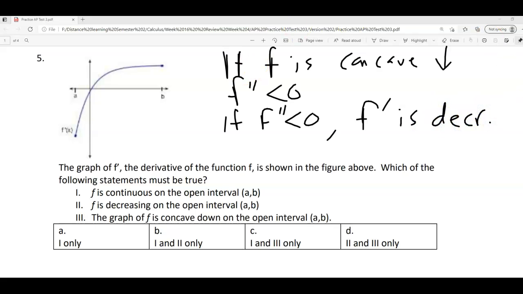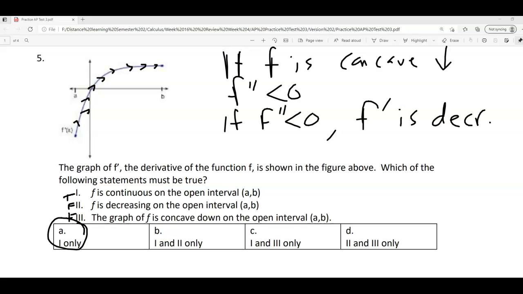So on this graph, does this graph of f prime look like it's decreasing, or does it look like it's increasing? Well, it looks to me like f prime is actually increasing. It's getting higher and higher and higher. So this is also false. So in this case, we have these two are false, this one is true, and therefore the answer to this one is A. All right, so that is the answer to number 5.